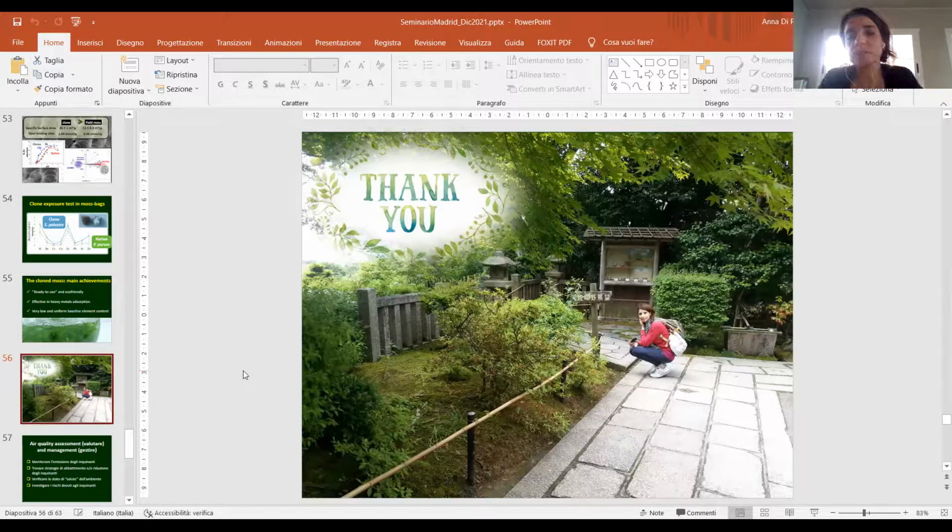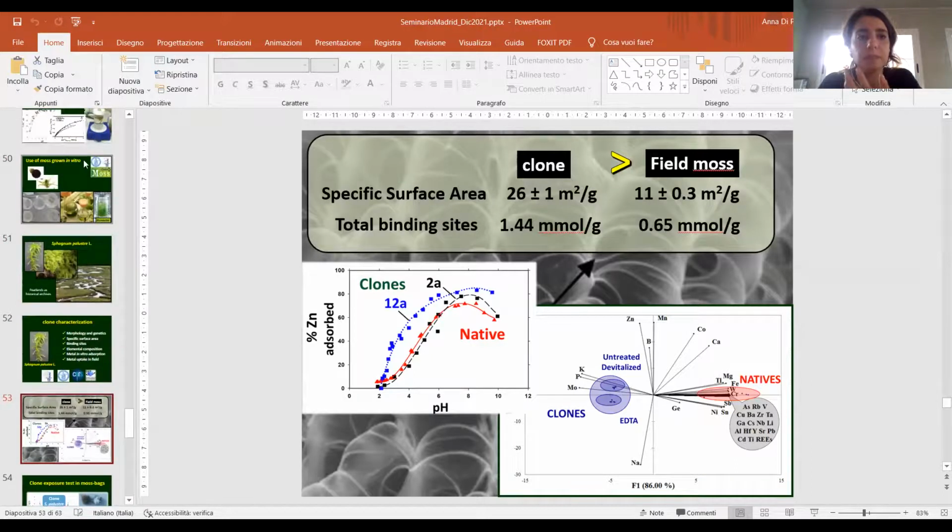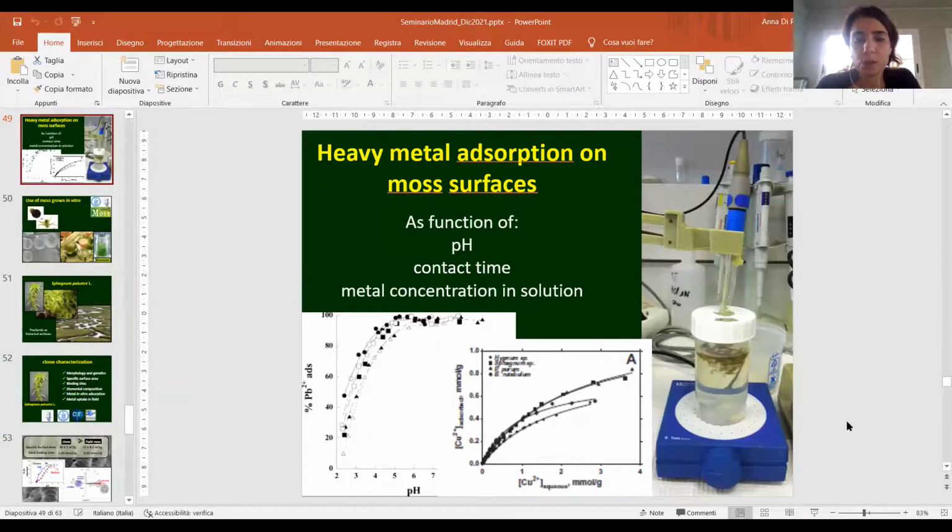Someone used mosses for remediation of polluted waters, but also in this case, you need to study the chemistry of surfaces. So this type of experiment is needed, at least to understand the maximum amount for a specific moss.